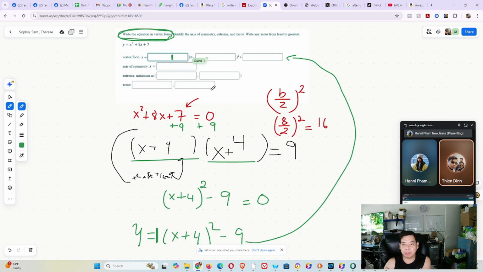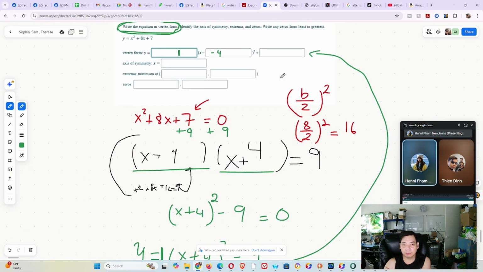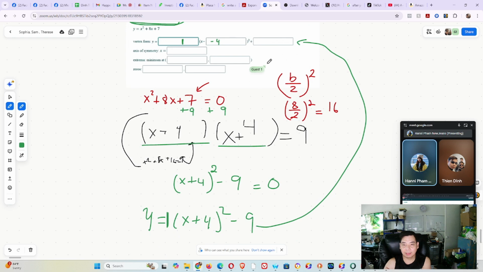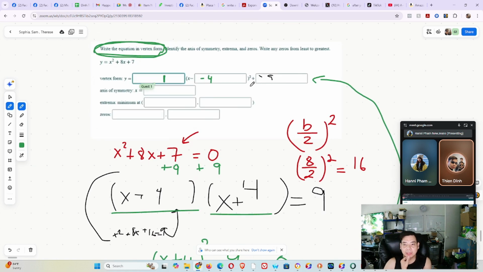We want it to be plus 4, but they put a minus, so we're gonna put a minus 4 here, because minus minus 4 is going to be a plus 4. And then instead of plus 9, just put minus 9 there. And that should be it for vertex form. And then the axis is x equals negative 4.